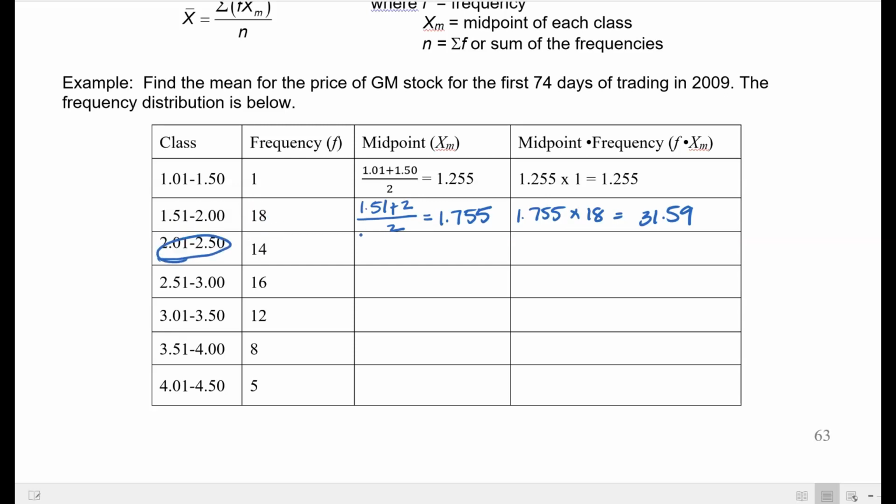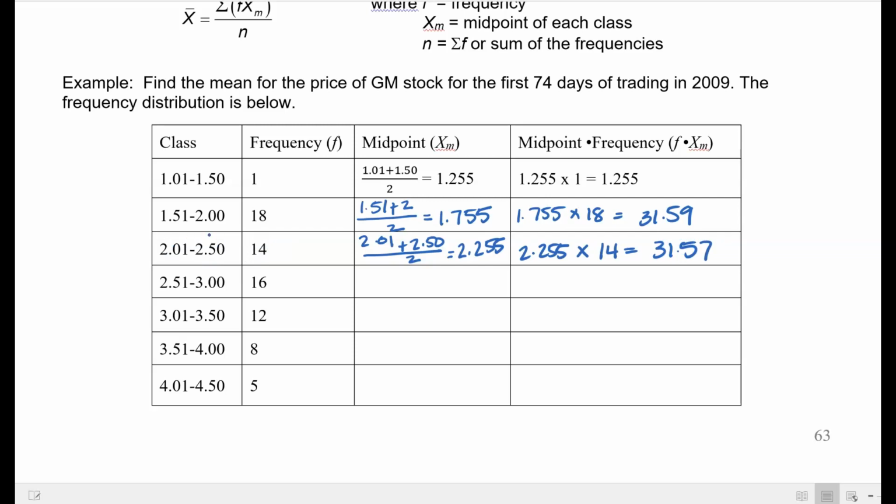So we're on to this class. So 2.01 plus 2.50 divided by 2 gives us 2.255, and then we're going to take that number and multiply by the frequency, which is 14 in this case, and we get 31.57.